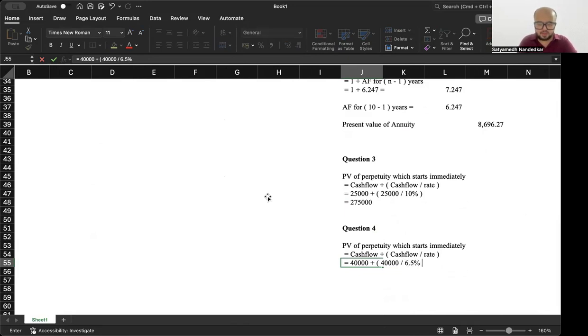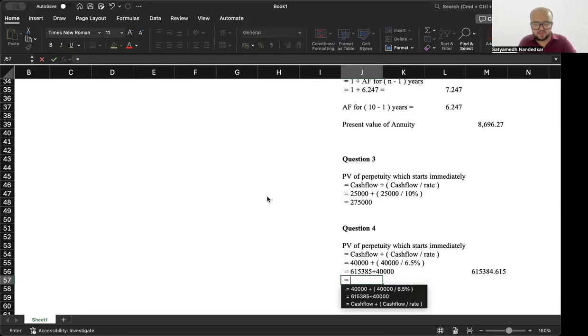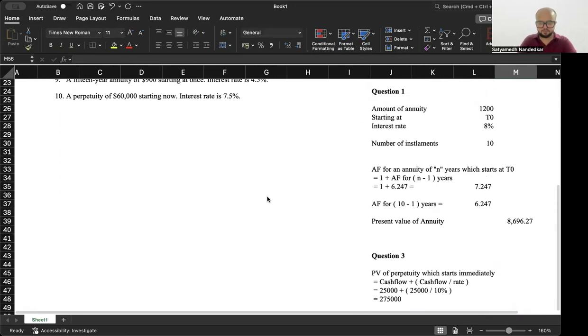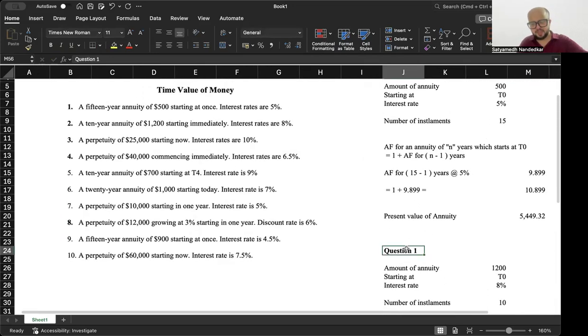How much is 40,000 upon 6.5%? 615,384. So 615,385, I will round it up, plus 40,000, which is 655,385.